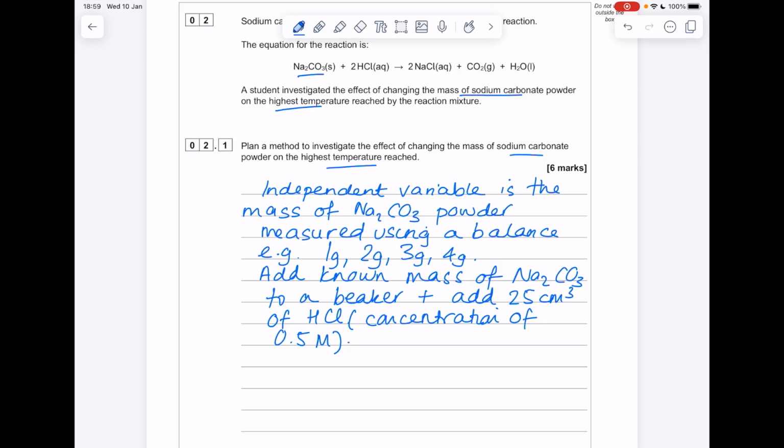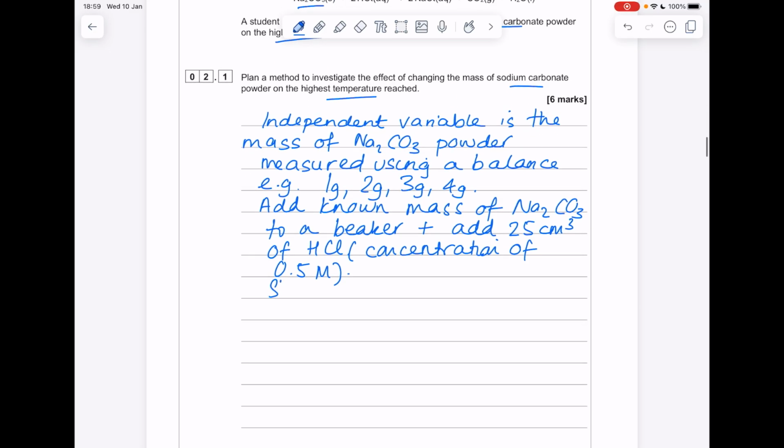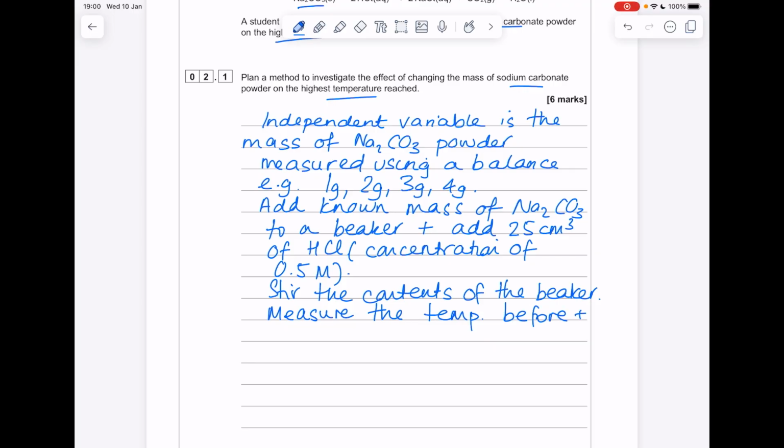That really doesn't matter. You want to stir the contents of the beaker. You want to measure the temperature before the reaction and the maximum highest temperature reached.